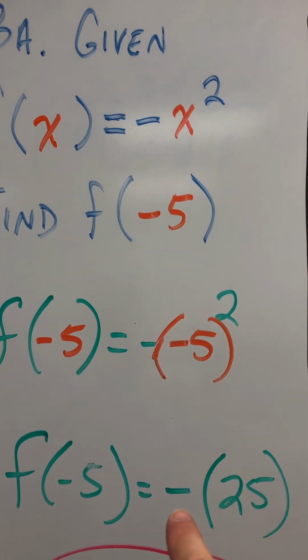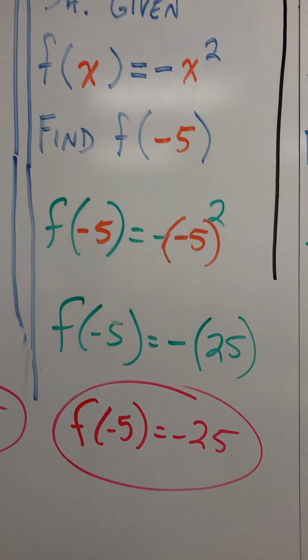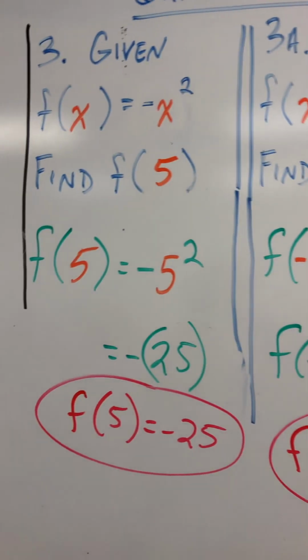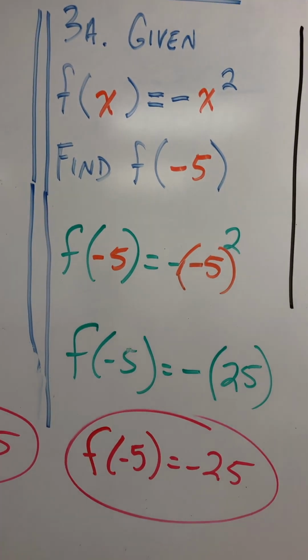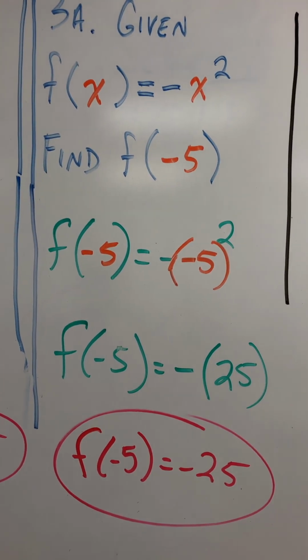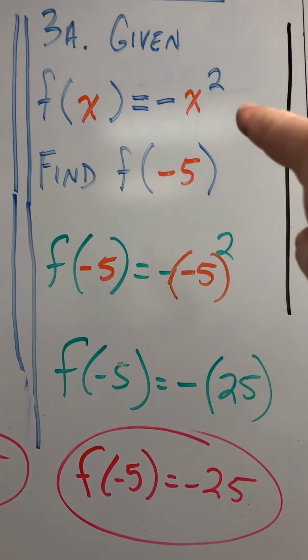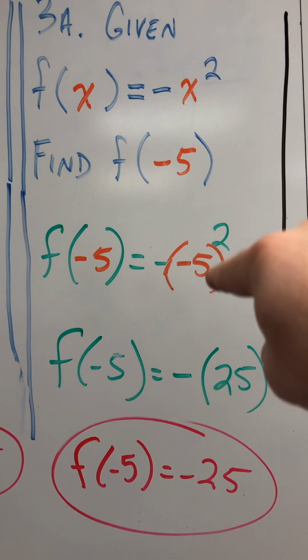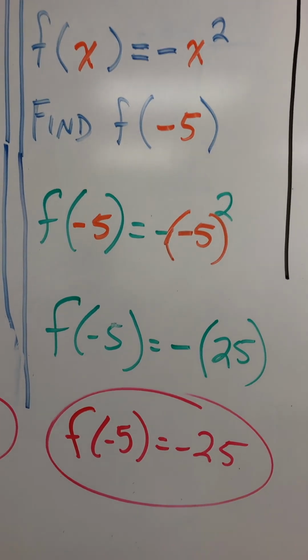And I do the negative of 25, which is negative 25. Notice it's the same answer, whether it's positive 5 or negative 5 in this case. Because if it's squared, you're going to wind up with a positive here, and then the negative makes it negative. Okay?